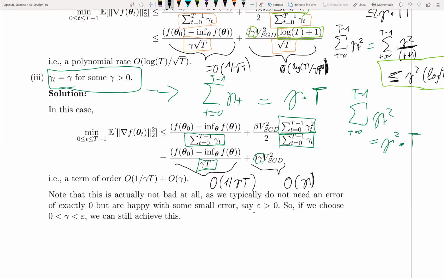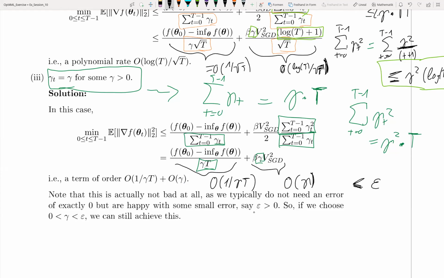And then of course you have to rescale it a bit with the terms which are appearing here, the beta and the v squared, and play around with that. But you could get something which is then smaller than the epsilon you want to have for these two terms.